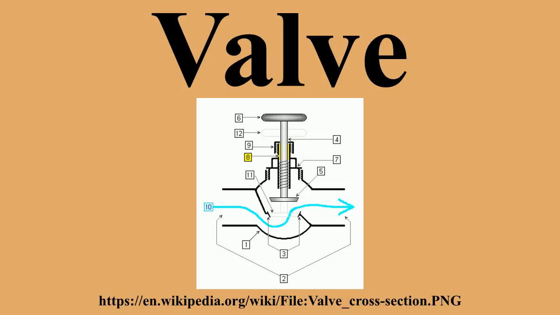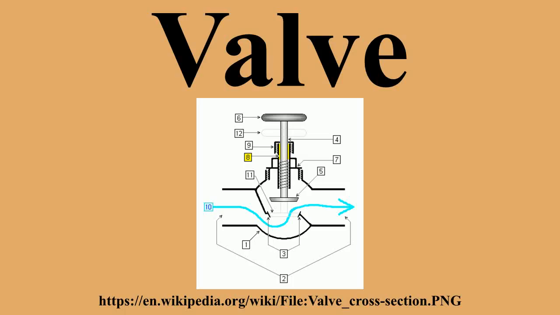Seats are classified by whether they are cut directly into the body, or if they are made of a different material. Hard seats are integral to the valve body. Nearly all hard-seated metal valves have a small amount of leakage. Soft seats are fitted to the valve body and made of softer materials such as PTFE or various elastomers such as NBR, EPDM, or FKM depending on the maximum operating temperature.